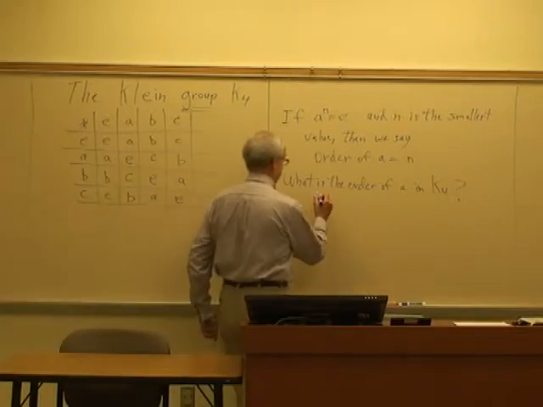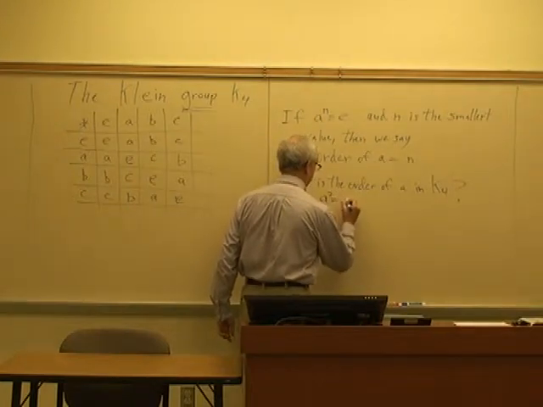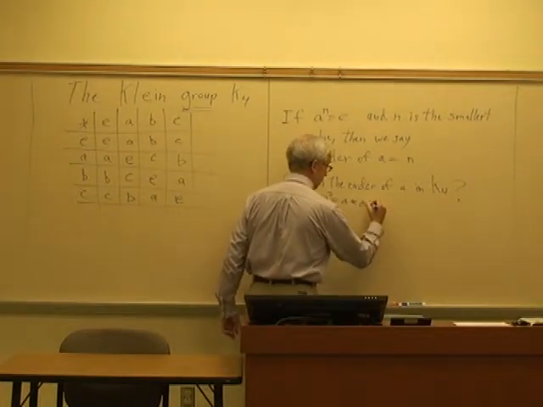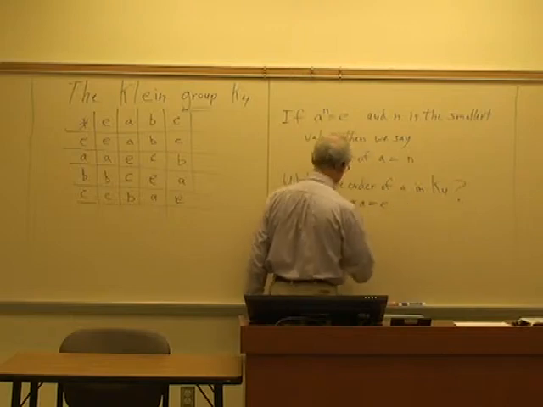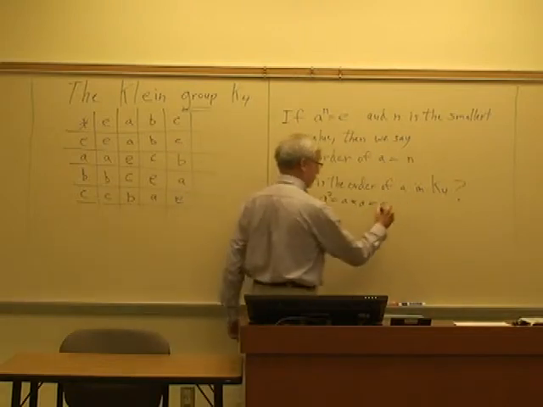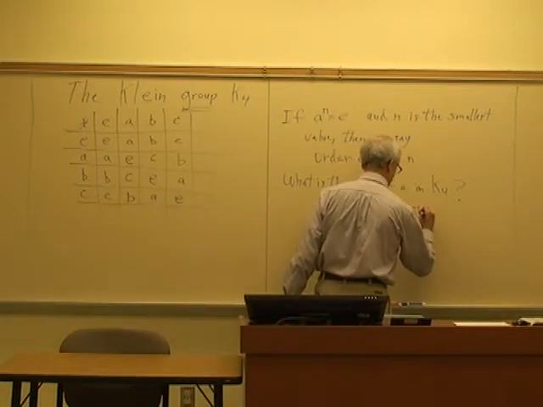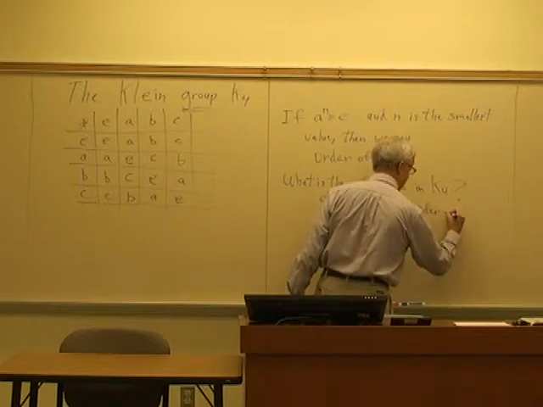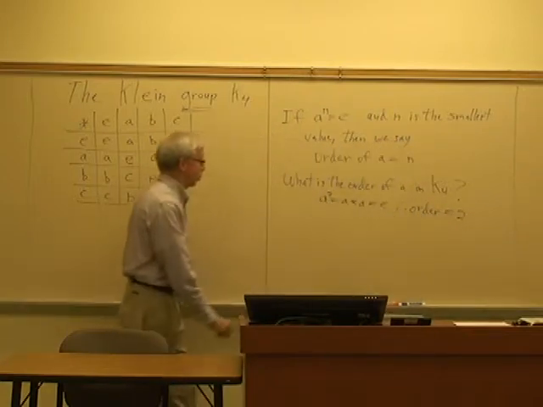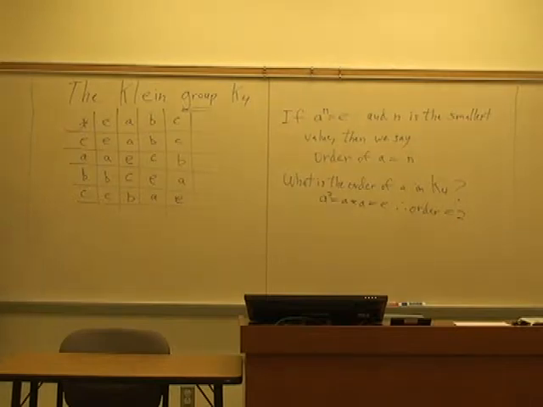Good. A squared is A star A, which is the identity, and A isn't the identity, so the order is 2. What about B? 2. Yeah, because B star B is the identity in C.